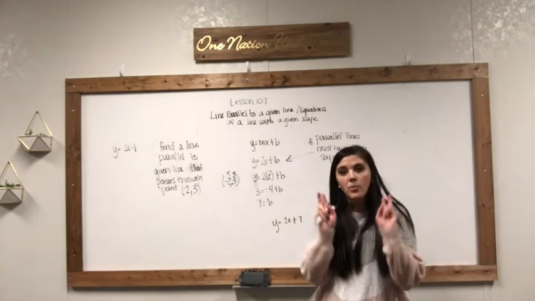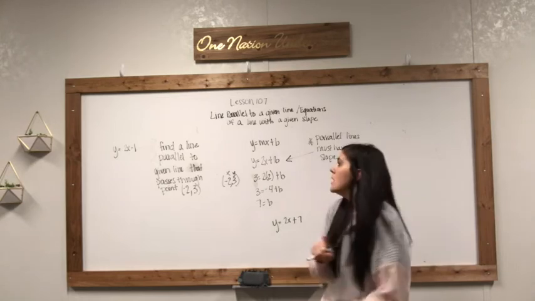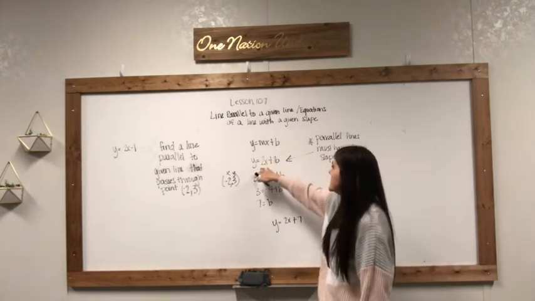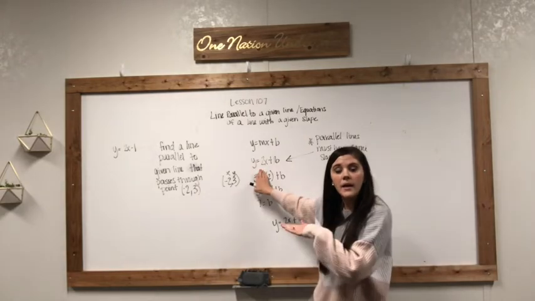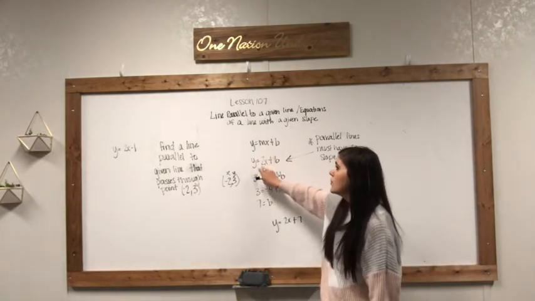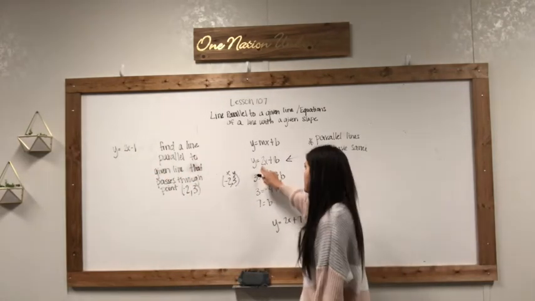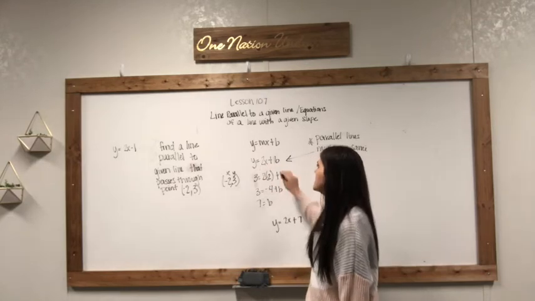So if they are parallel, always remember they're going to have the same slope. So I'm going to replace the slope in my formula with the same slope that came from the first line that was given to us. So we've got y equals 2x plus b.